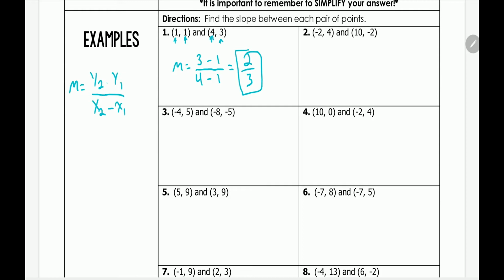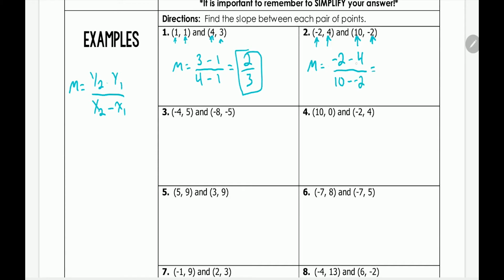Okay? Let's go over number 2. We have negative 2, 4, and 10, negative 2. So we have our formula. We take the second y, which is negative 2, minus 4, over 10 minus negative 2.